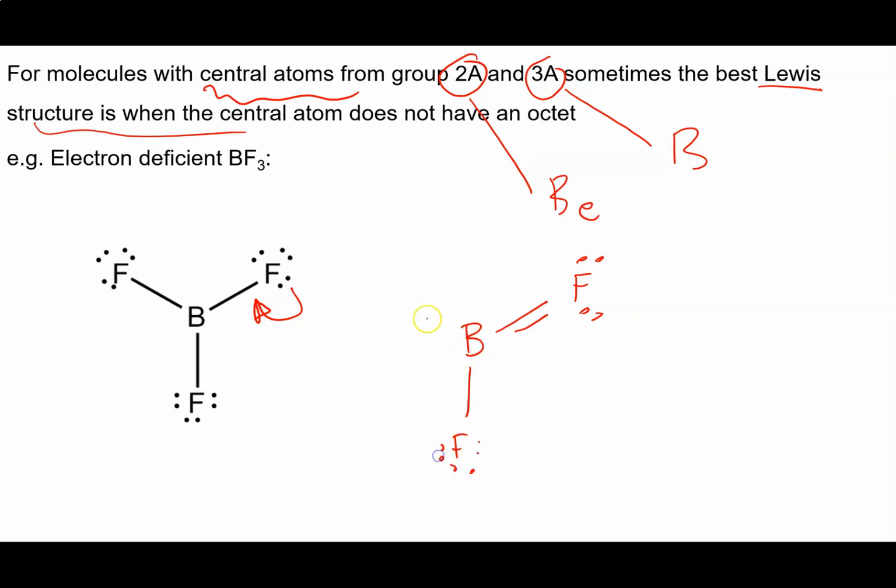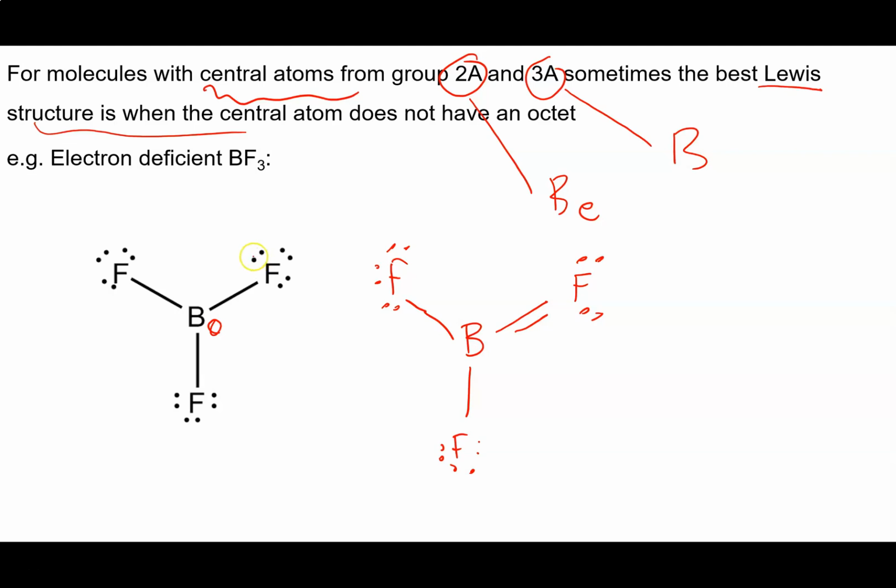Now let's have a look though at the formal charges of these two structures and see if one is better than the other. So boron is in group 3A, so we've got 3 minus 1, 2, 3, a formal charge of 0 on the boron. Each of the fluorines is from group 7A, and they're all the same, so if we figure out the formal charge for one of them, it'll be the same for all 3.